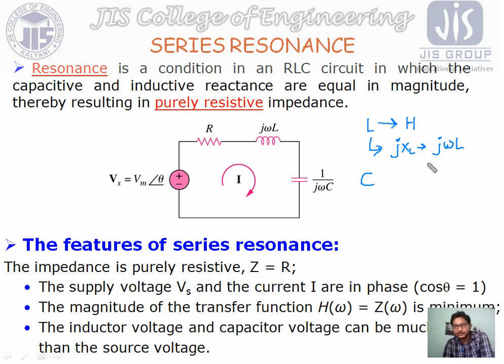This one, j omega L, has the unit of ohms. And similarly C, capacitor, has the unit of farad, that we know.